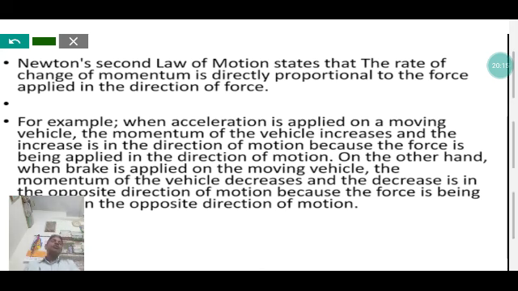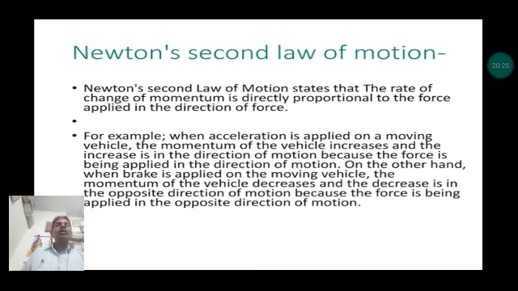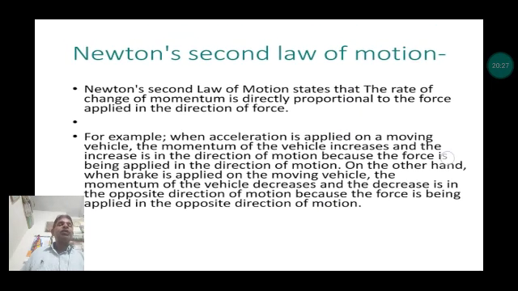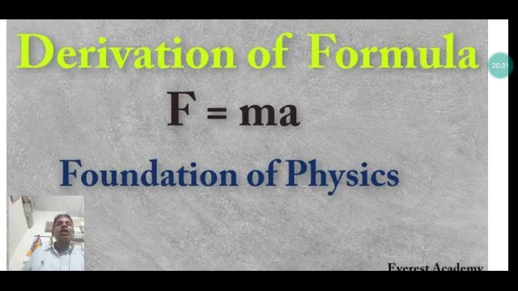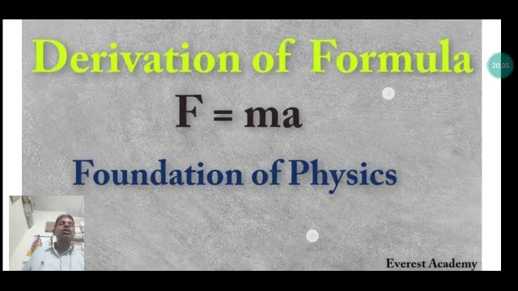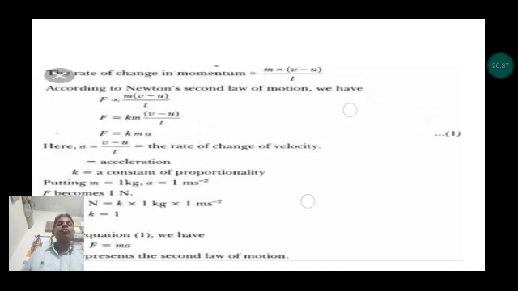And we can say that how the force is measured is given by the second law of motion. It is the rate of change of momentum that is given in the formula, and we also derive the formula F is equal to ma, related to the second law of motion. Now look here.